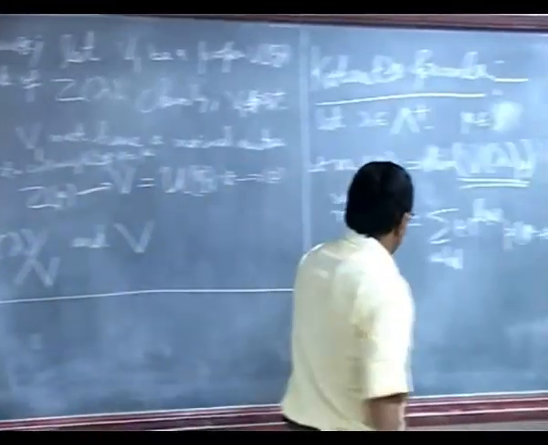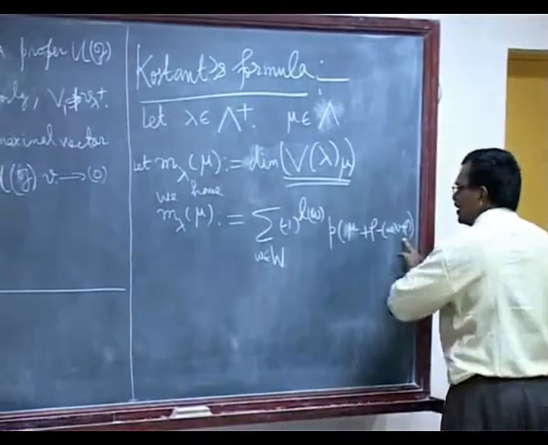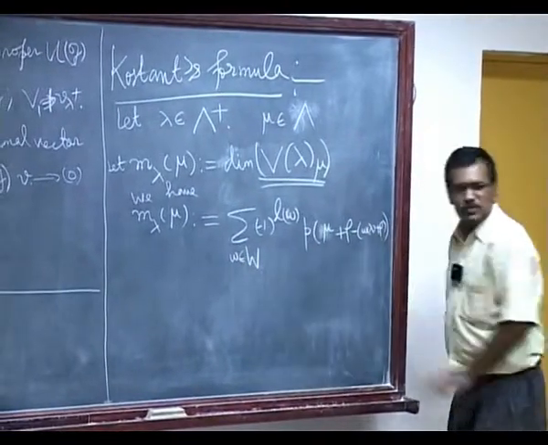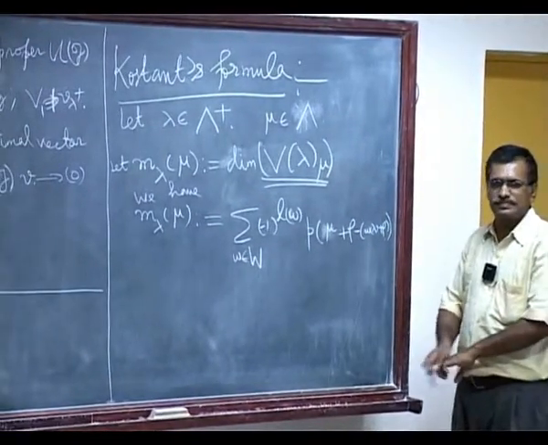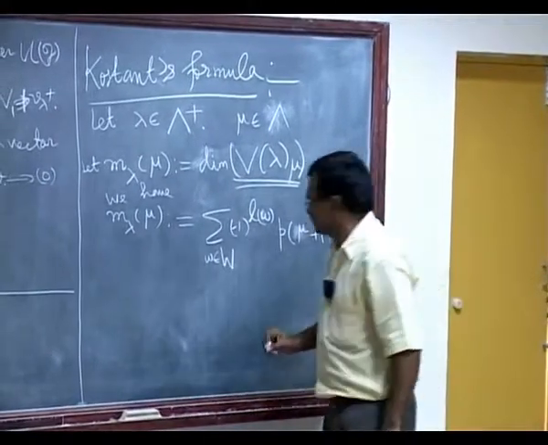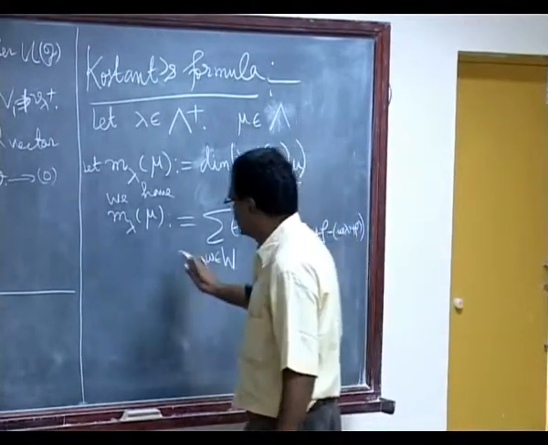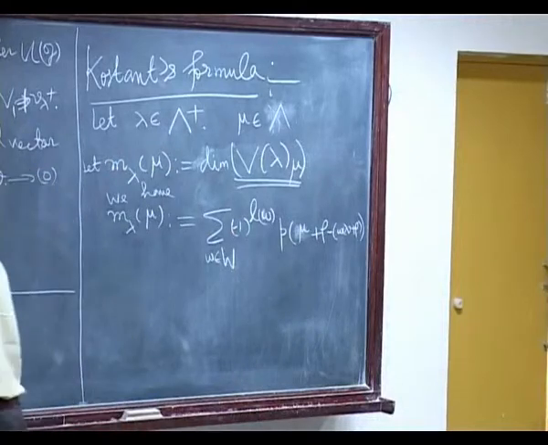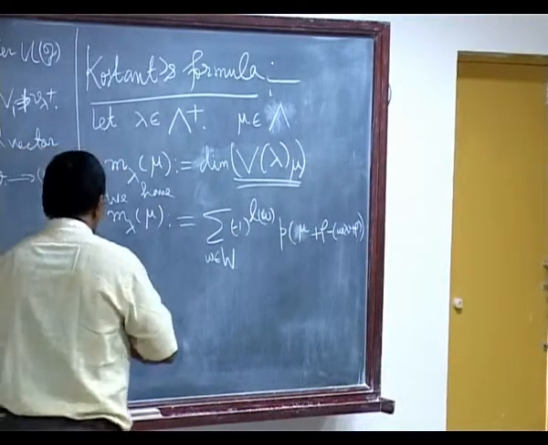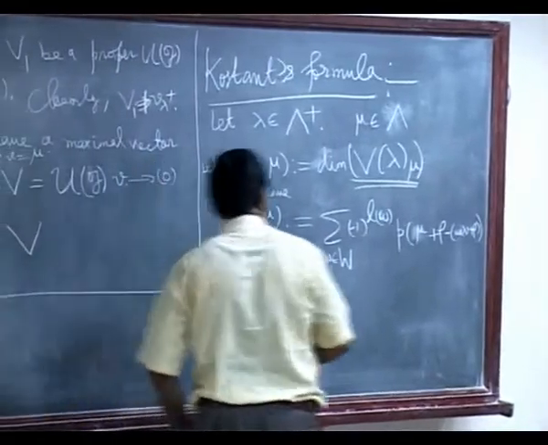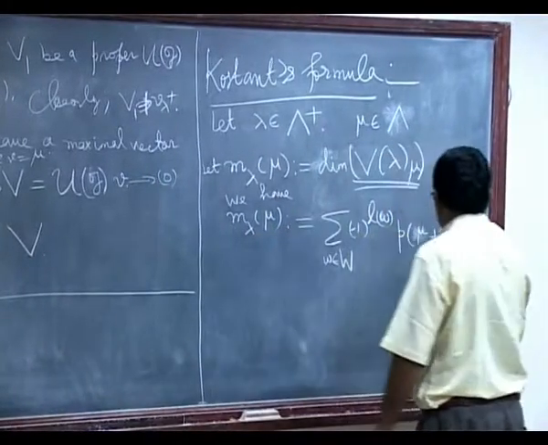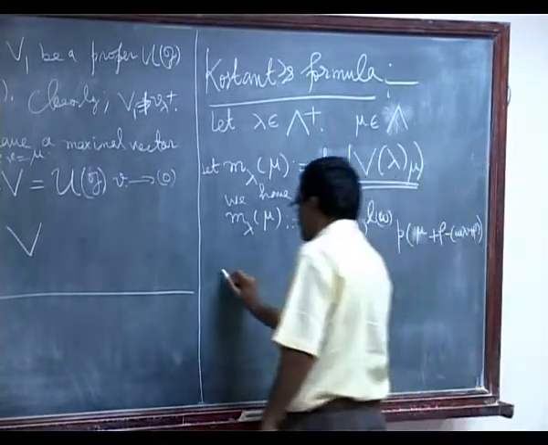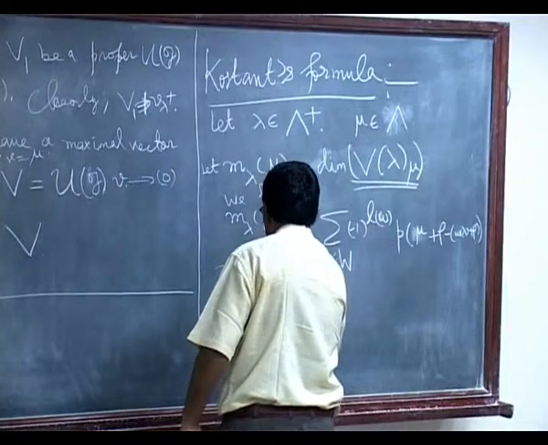So this mu is there, and of course, rho is the half sum of positive roots and w is a Weyl group element. So, this is okay. So, now we use this to prove this formula now.